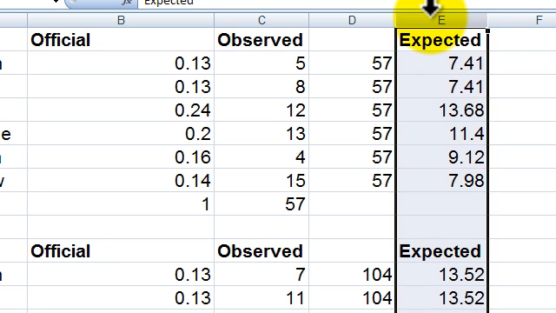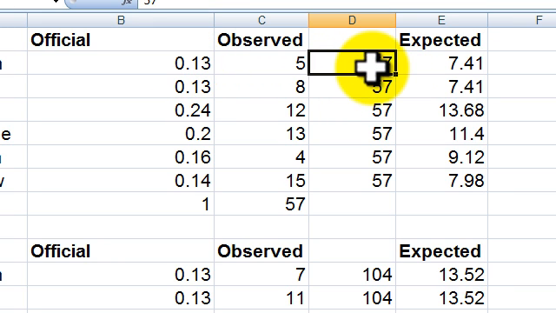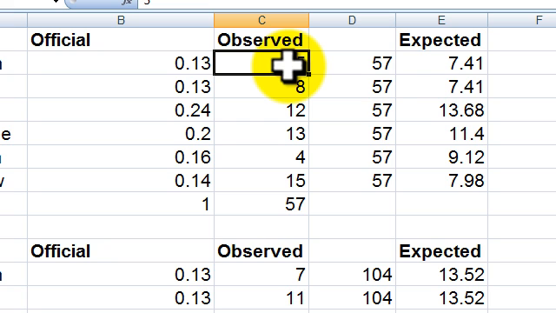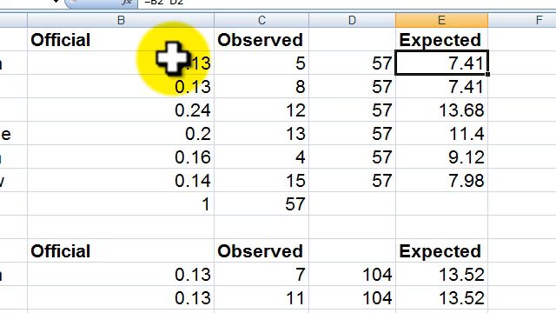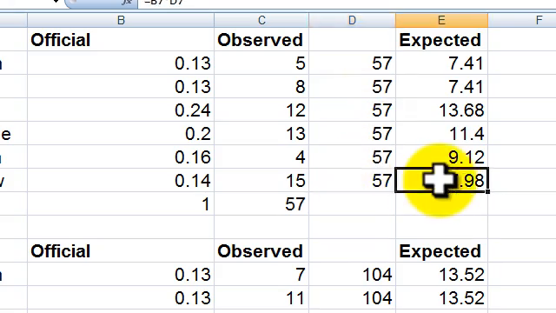See how the expected column comes from taking the official percentage times the number that we observed. So we have an expected that may be very different from what we actually observed. Expected is just the official percentage times the total, and we do that for each value, and this is actually what we observed.